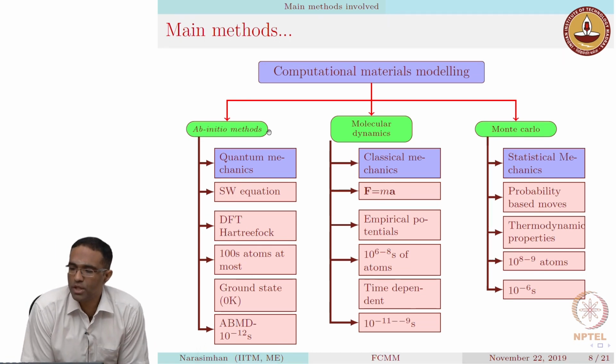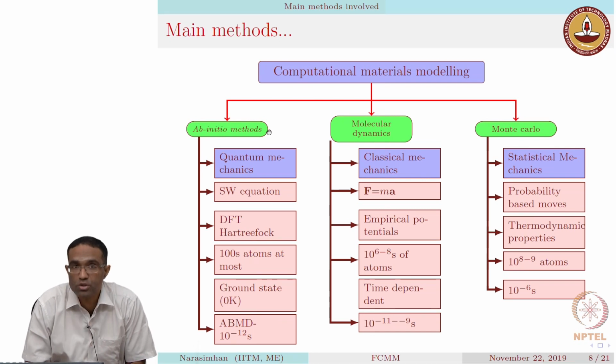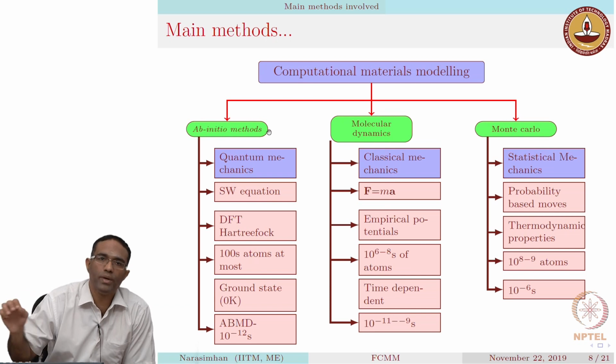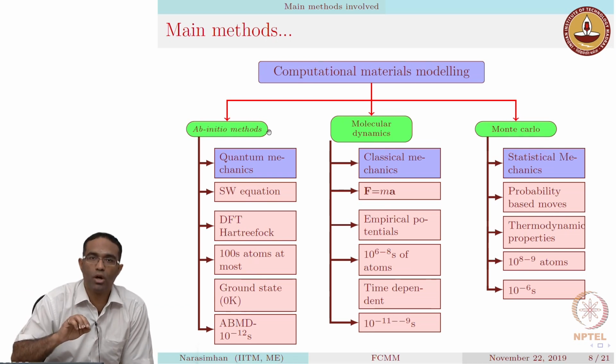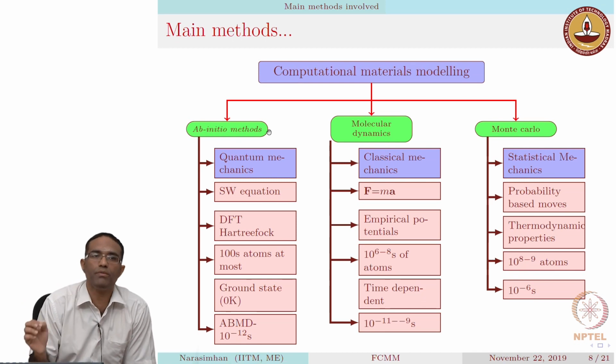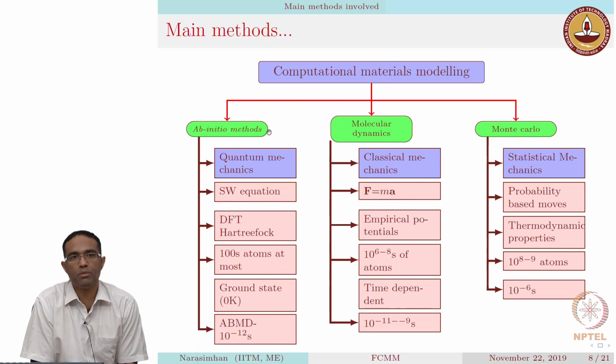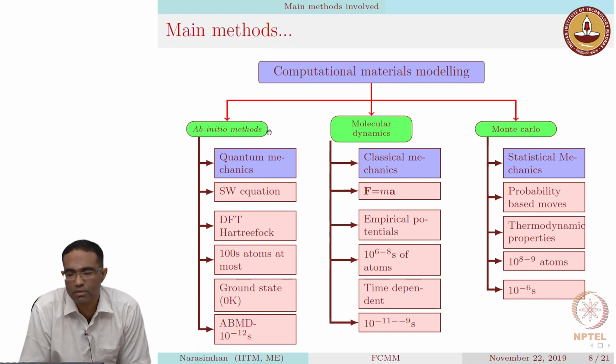For Monte Carlo simulations, the foundation is still statistical mechanics. Of course, you need some statistical mechanics also to understand molecular dynamics simulations, but instead of explicitly moving these atoms by solving Newton's equations, the moves of these atoms are based on some probability, and it is possible for us to get several thermodynamic properties of the system.